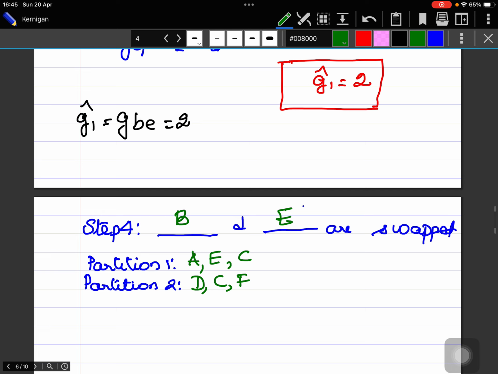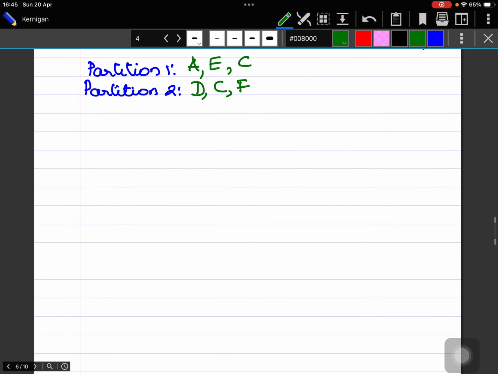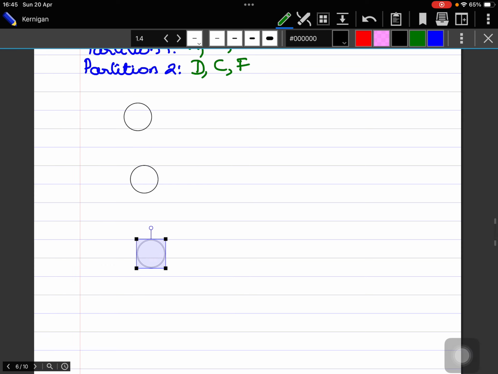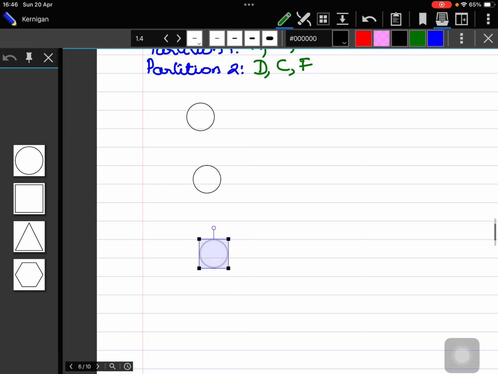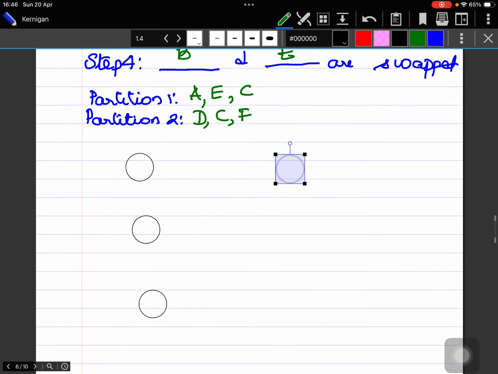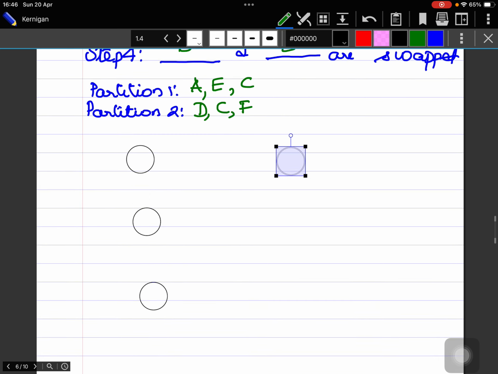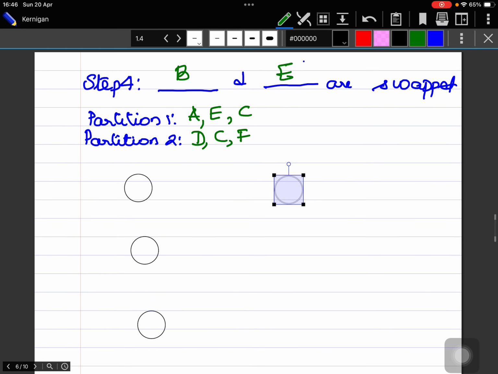So now can I draw the diagram for your understanding? Okay, we will draw the diagram. I'll take the circles as before. A, E and C, and then D, B and F. Sorry, I made a mistake here.